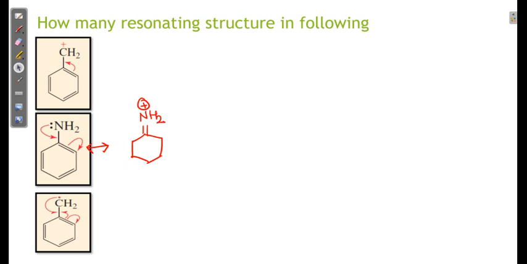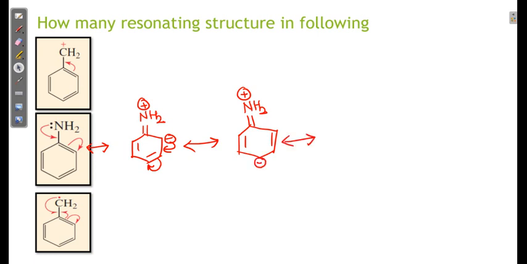NH2 plus, negative charge, this one and this one. Then let us go ahead. Then the structure could be this one.